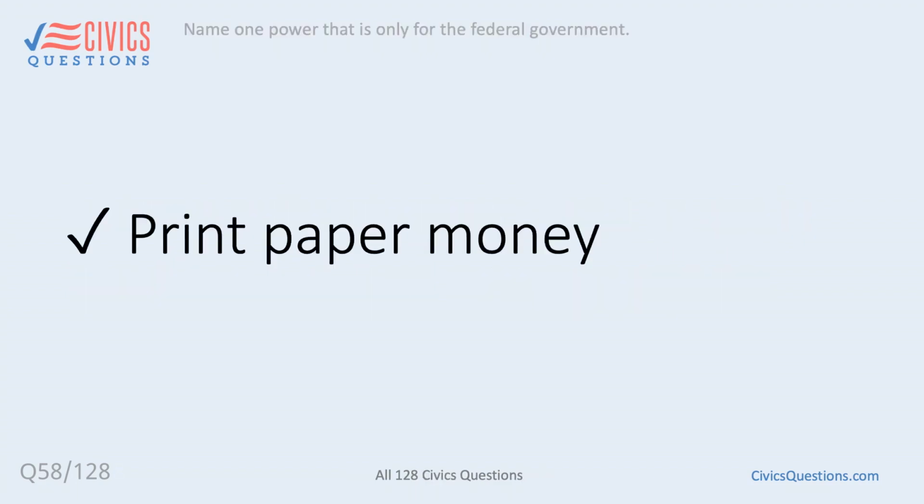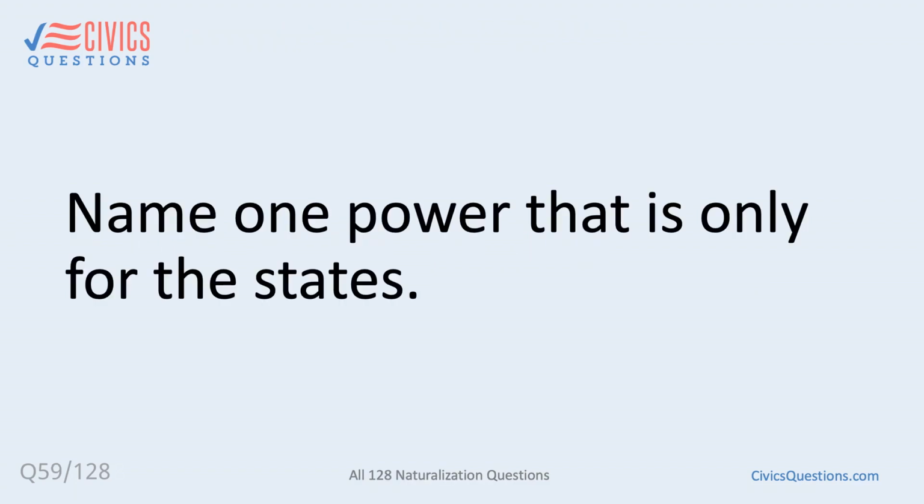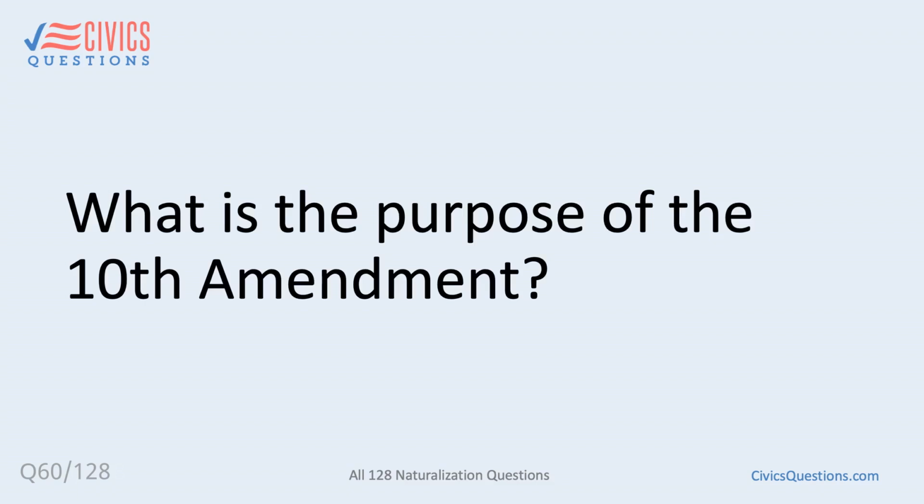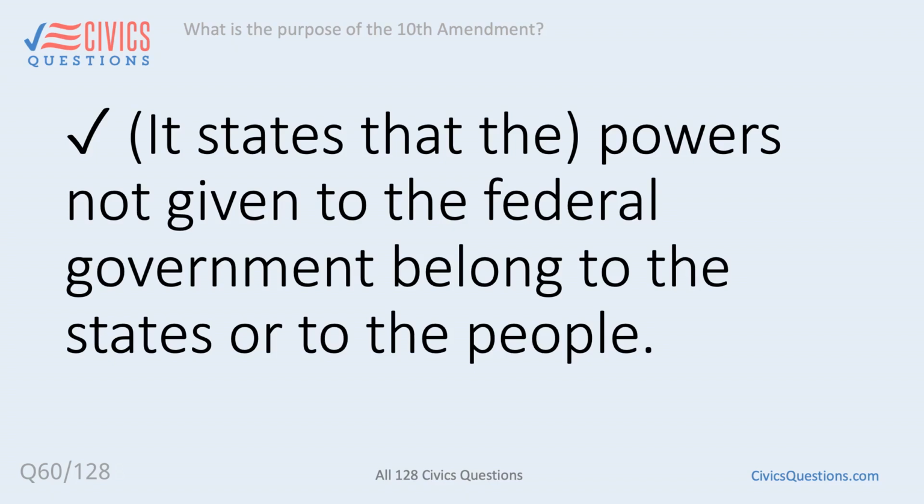Print paper money. Name one power that is only for the states. Provide protection. Police. What is the purpose of the 10th Amendment? It states that the powers not given to the federal government belong to the states or to the people.